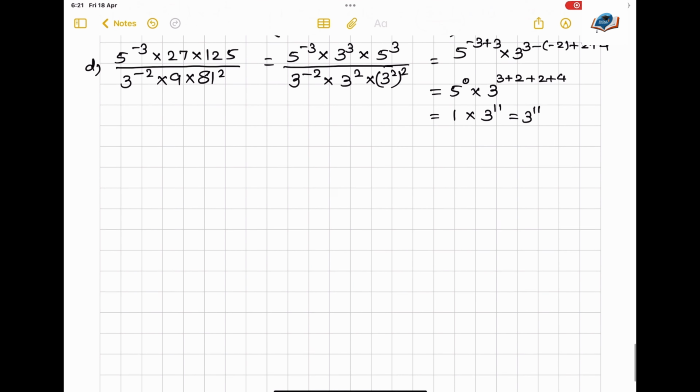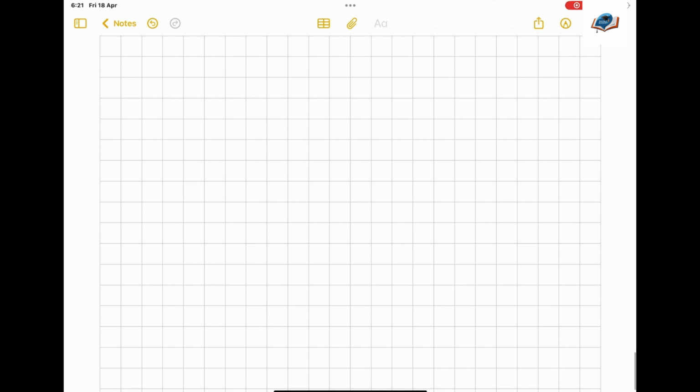Now, next question says simplify and write in exponential form with a positive exponent.